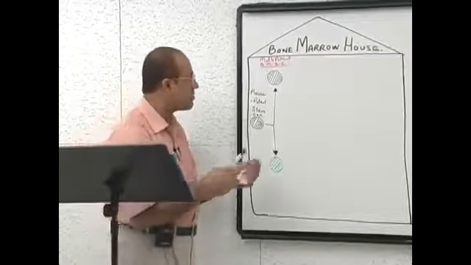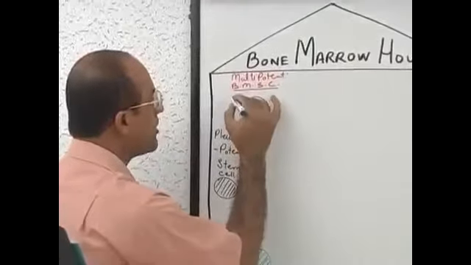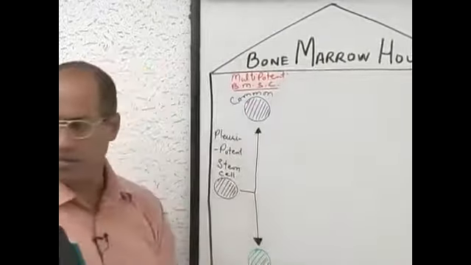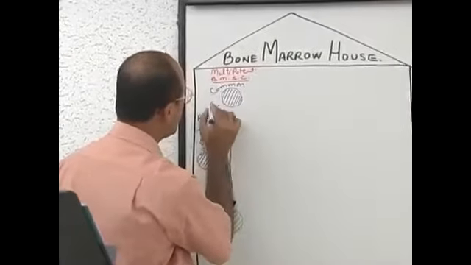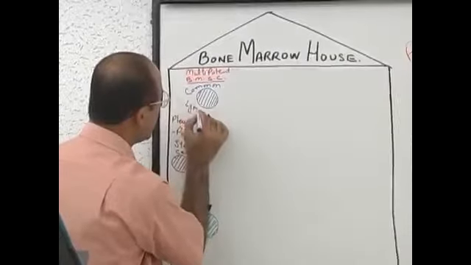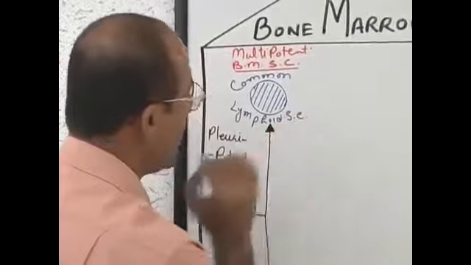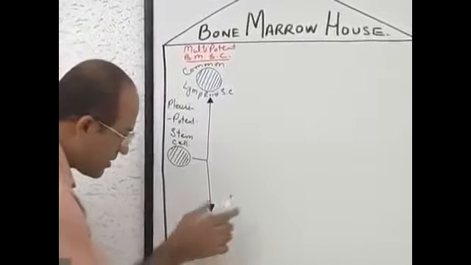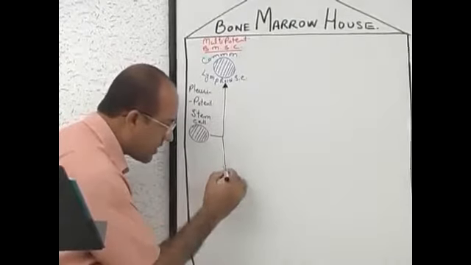These two are both multipotent, and this blue one is called the common lymphoid stem cell because it is the origin of the lymphoid cells, right? And this one is for the myeloid cells.